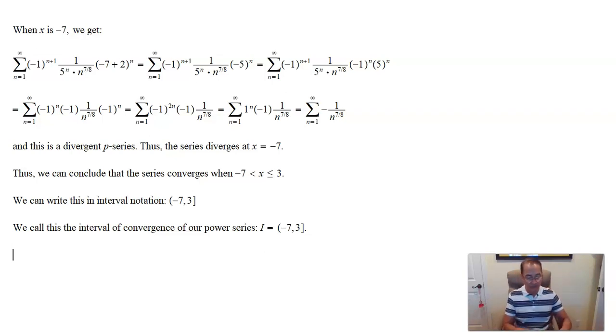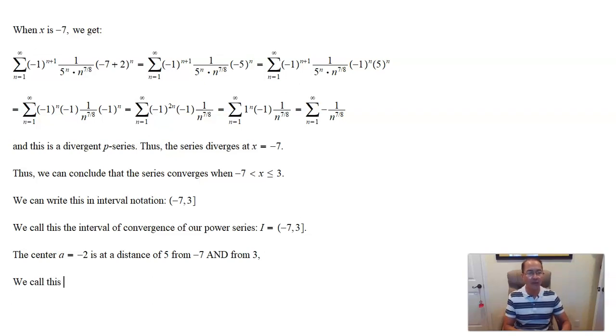Okay, so the center, a equals negative 2, is at a distance of 5 from negative 7 and from 3.